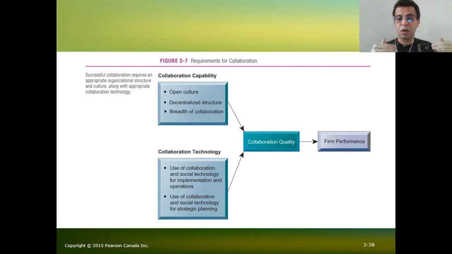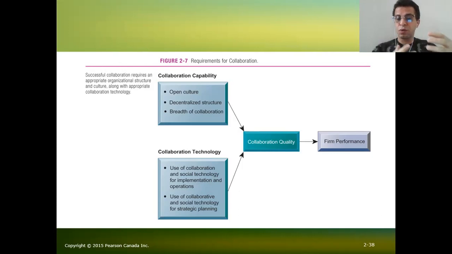In the technology, you use collaboration and social technology for implementation and operation, and for strategic planning.